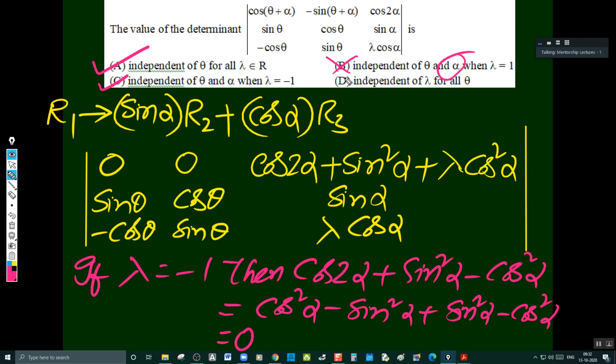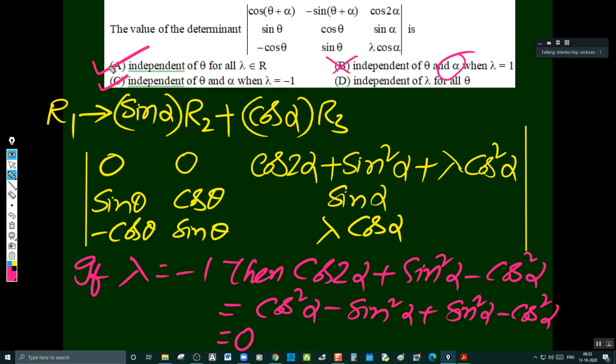Independent of lambda for all theta. No, sir, lambda will remain in the determinant. All right? That's it. So getting the idea of this row column operation is very important in solving this type of problems. I think it's clear, every one of you.